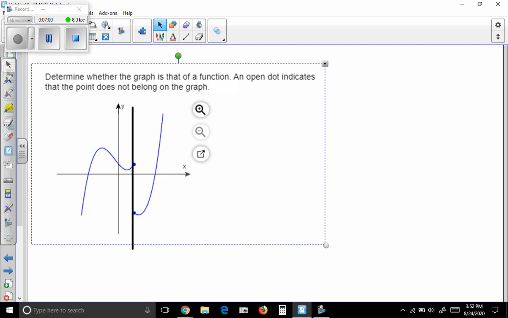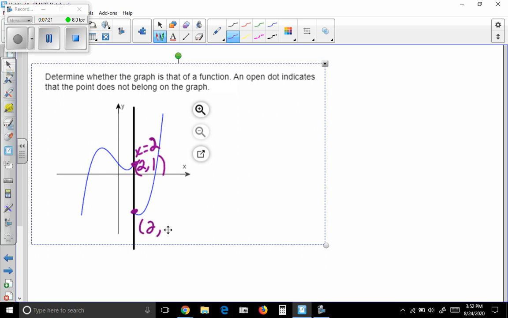But we have a problem here. For this x value, and I'm just going to make one up, let's suppose right here x is 2. For this particular x value, there's a point here and a point here. So for example, this ordered pair, x might be 2 when y is 1, and down here, x might be 2 when y is 5.